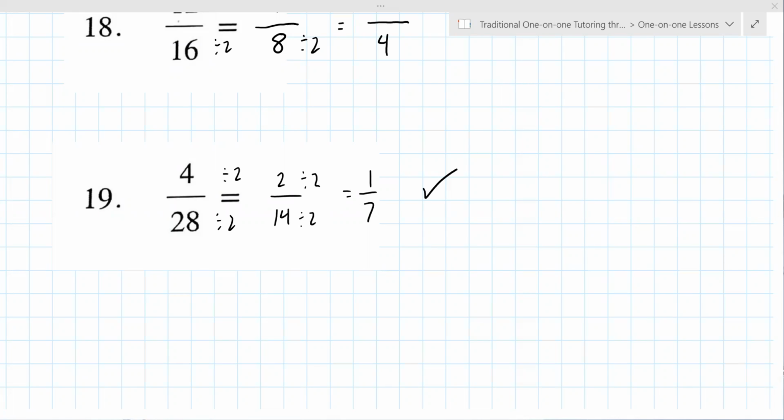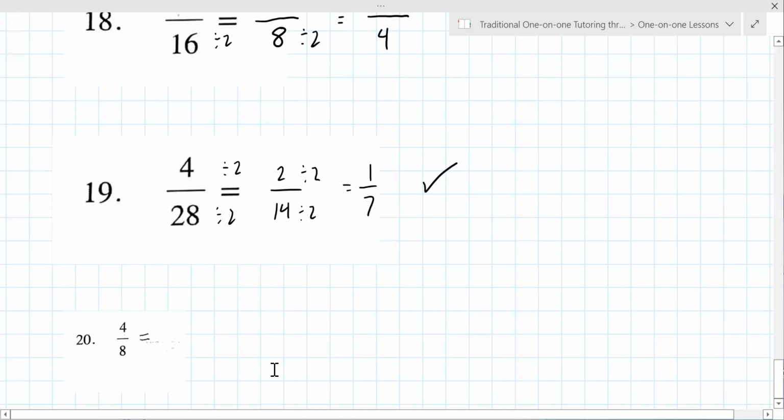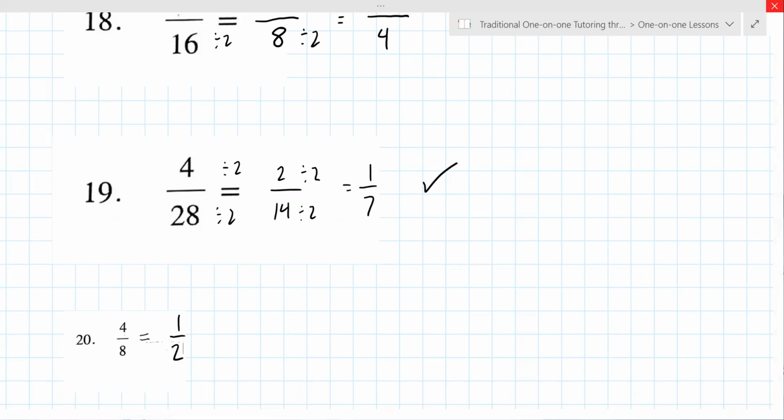All right. So let's look at some of the area problems. Mixed review. Mixed practice. Okay. So do you remember any of the formulas for the area? Let's go by shapes.